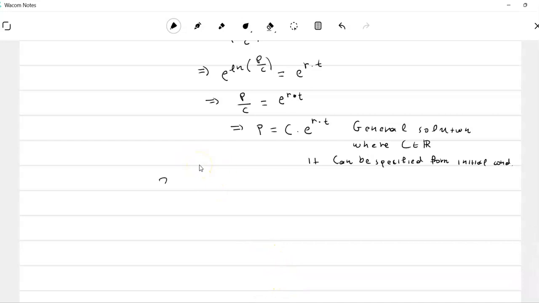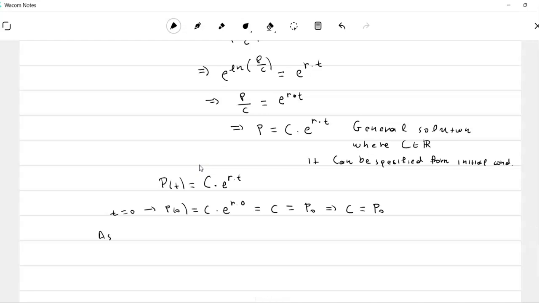So I rewrite the function: p of t equals c times e to the power of r times t. For t equals 0, p of 0 is c times e to the power of r times 0. So this is c and this is p0. So the constant c is p0.